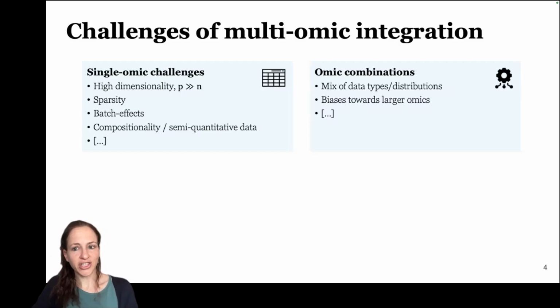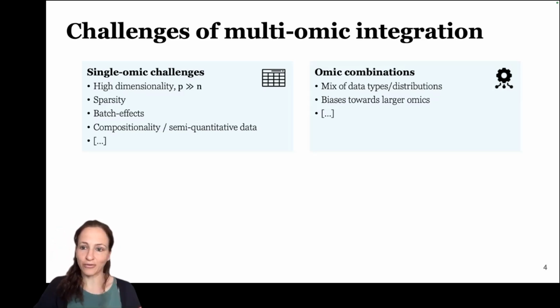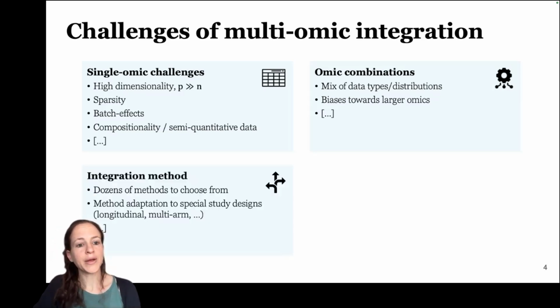There are other challenges that are related to the combination of omics. When we try to combine omics of different data types, that could cause problems for some methods. There are biases sometimes towards larger omics, so omics that have more features, and so on. One challenge, which I alluded to, was the challenge of deciding what computational approach to take in order to integrate the different data sets.